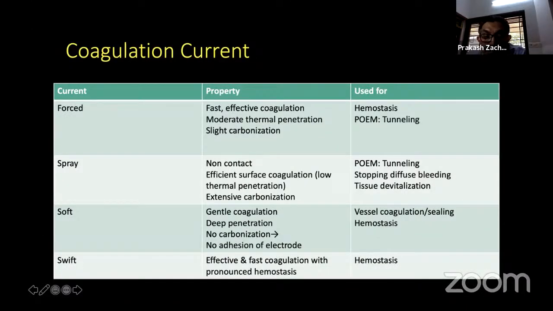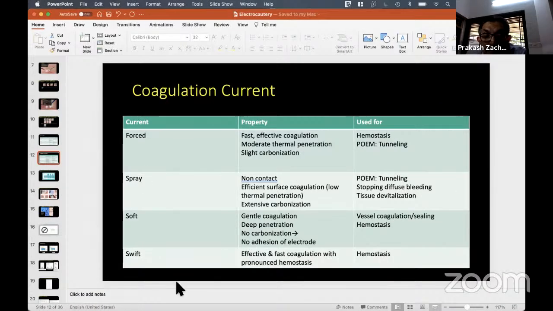as power coagulation. So in the coagulation modes, the soft coagulation has a superficial kind of coagulation setting with a slow coagulation, with the peak voltage being less than 200. So the most superficial one is the soft coagulation.